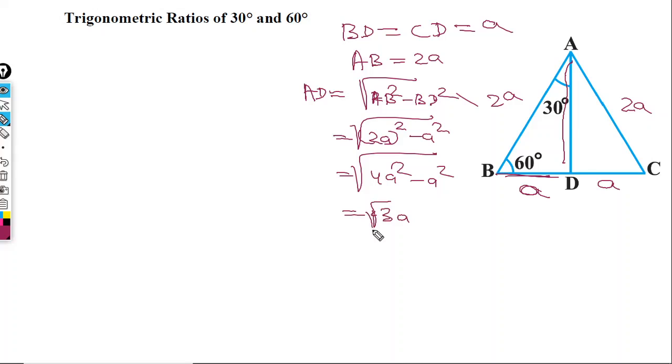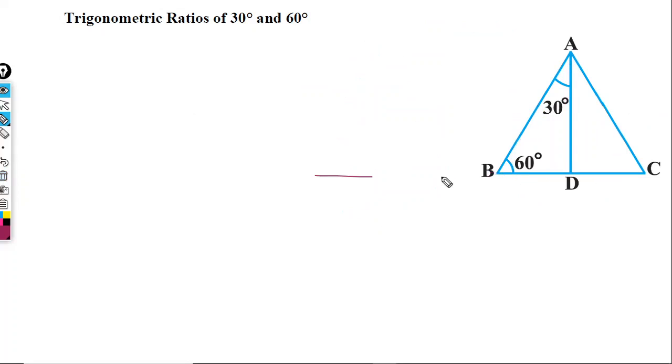So the length of AD equals root 3A. Remember it: BD equal to A, AB equal to 2A, and AD equal to root 3A. We'll clear it out and write it again: A, 2A, and root 3A.